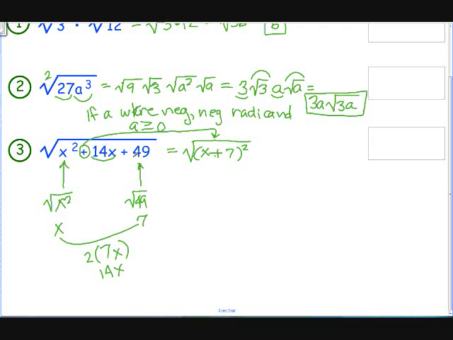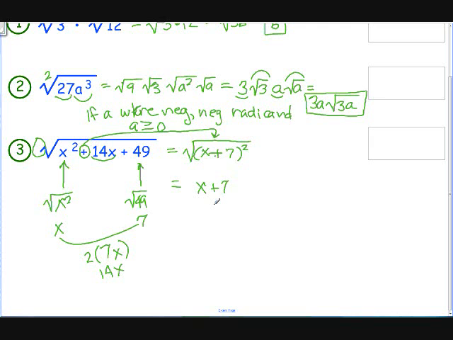Please notice that I am interested here in which root? The positive square root. So we've got equals the positive square root of x plus 7 squared, which would be x plus 7. The square and the square root cancel each other out, leaving us with this.